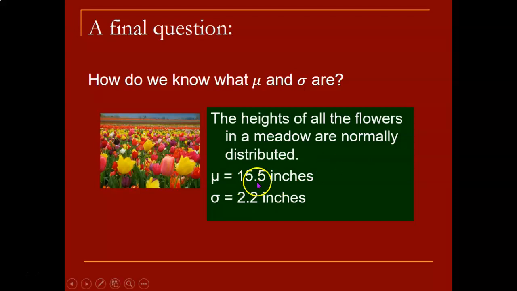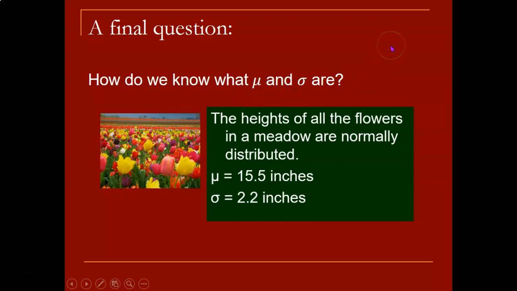So this represents what you would get if you could go out and measure every single flower in the whole meadow and take all of their heights, add them all together, and divide by how many there are. That's the population mean. And so that's the only way of knowing exactly what that is, but you can often get a pretty good idea and come pretty close just by taking a sample of flowers.